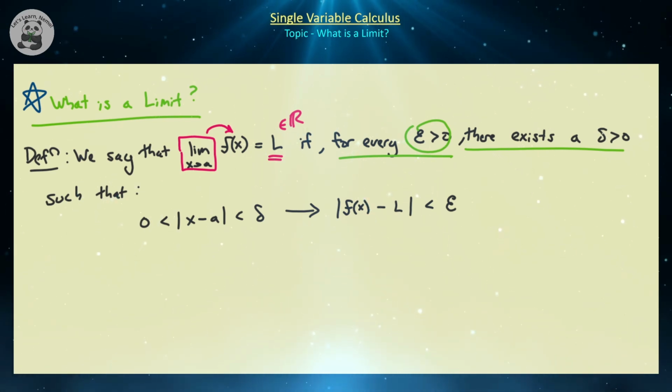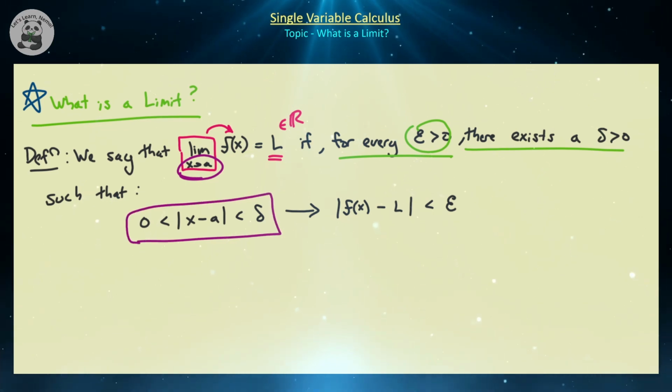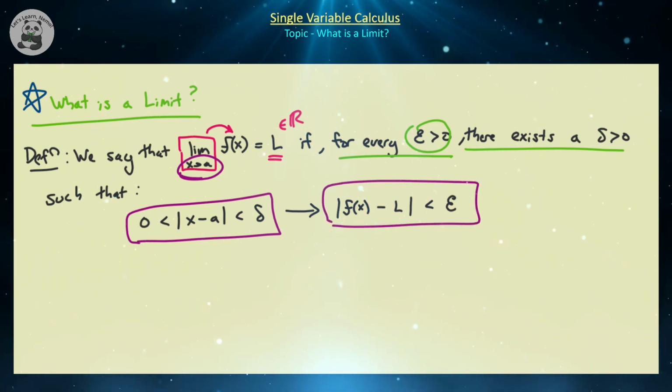such that if the difference between x and a is arbitrarily small, in particular less than delta, then the distance between f of x and L will also be arbitrarily small, and in particular will be less than the associated positive number, epsilon.